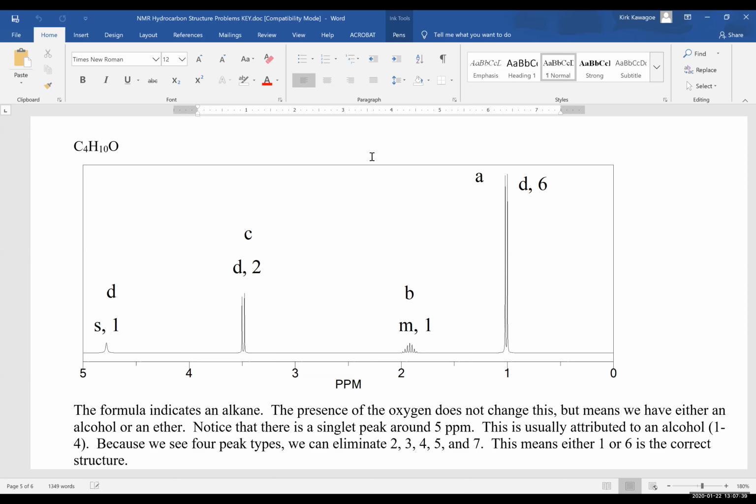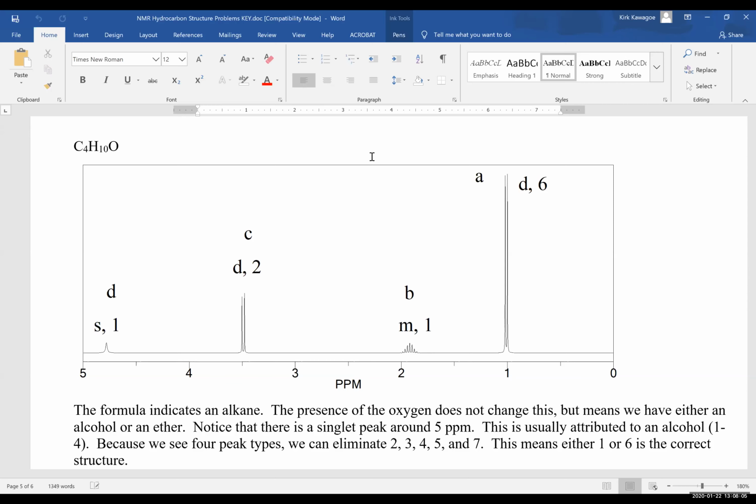One of the simple things you can do is look at how many signals you would expect to find for each one of these. So this would be 1, 2, 3, 4. This would be the furthest shifted because it's next to the oxygen. It has 2 neighbors, so you would expect to see a triplet.